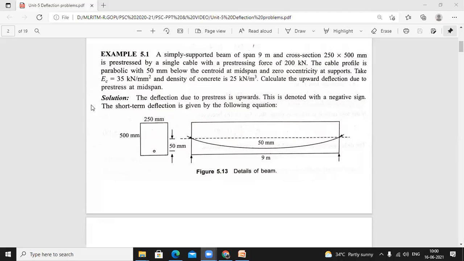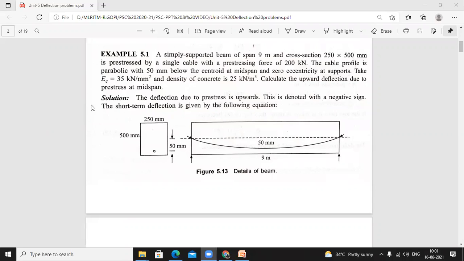First understand the question. What data are given? One is the span of the beam, 9 meters, and the cross section, that means beam size 250 into 500, and the prestressing force 200 kN. The shape of the cable profile is parabolic, and in this topic the profile of the cable is very important.